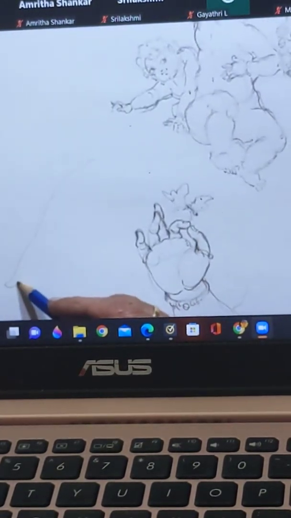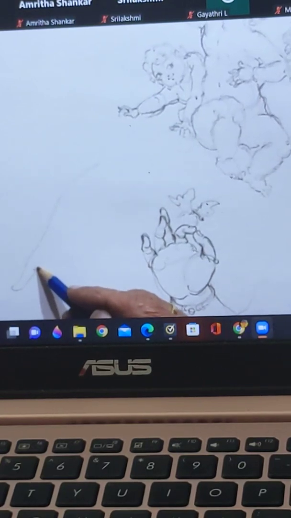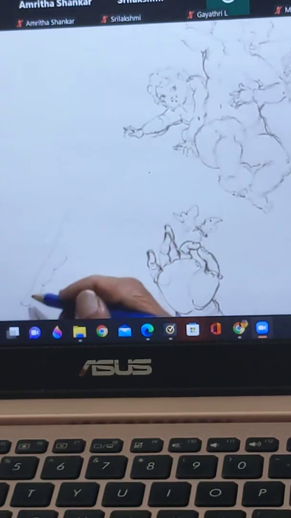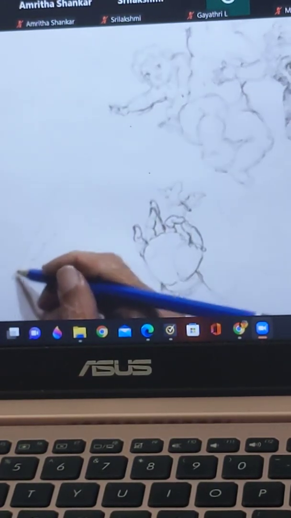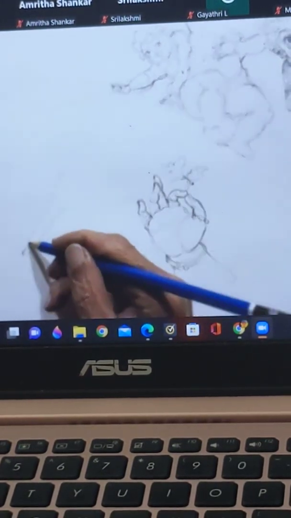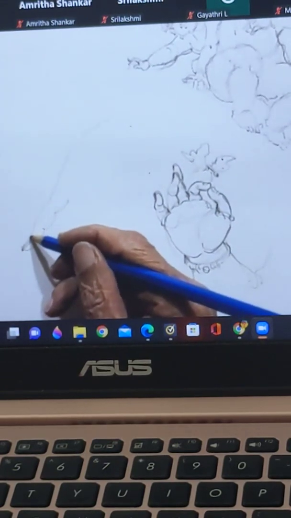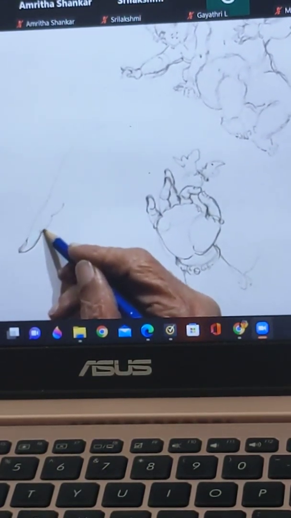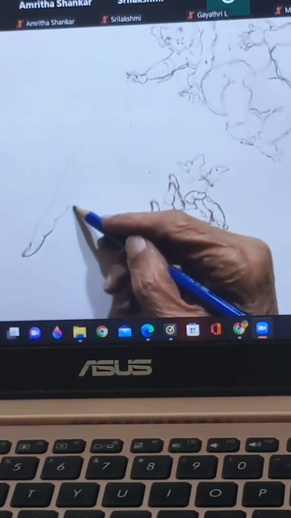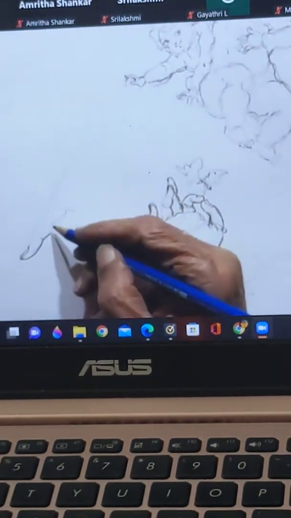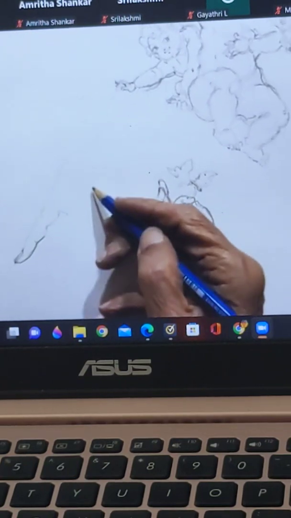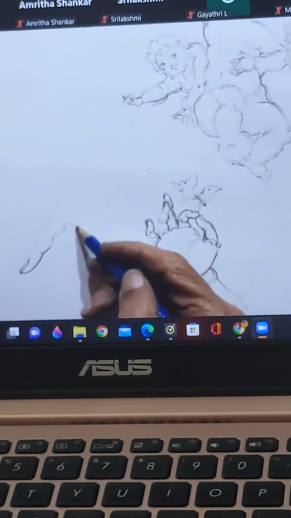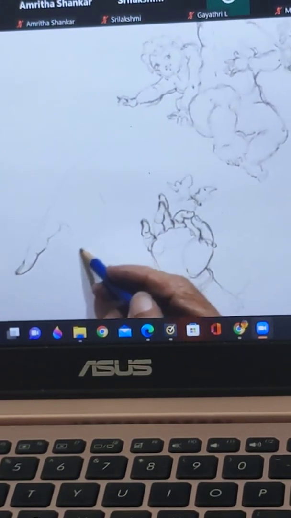Sometimes when you're trying to show one particular expression, you show it on the face, but the body language does not emit the same expression. So these details are very important. I think he's going to talk about this in depth tomorrow because we'll be working on adult freehand sketching of the entire body, and also the hand and the feet. We will go further in depth with that.